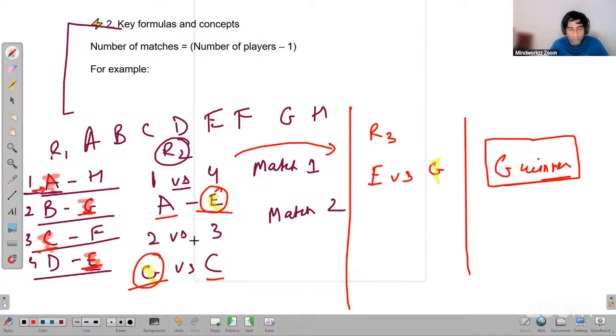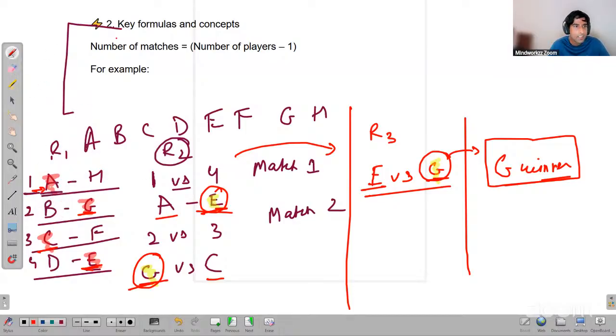Then in the second round, E won against A and G won against C, and then in the third round, G won against E. Since G won against E, that is my assumption, that's why G is the winner. This is just what is happening. Okay. So anyway, let me come to what I want to discuss from here.